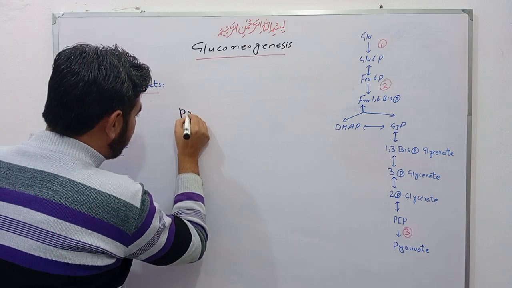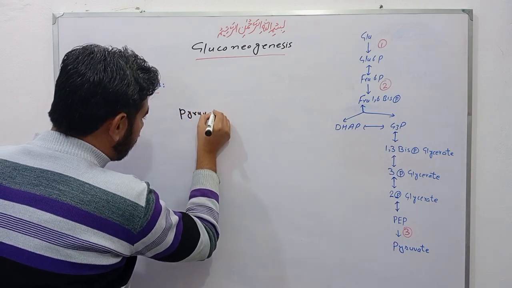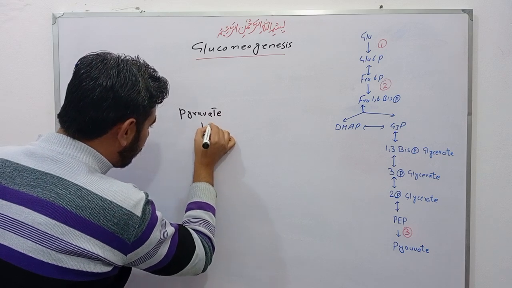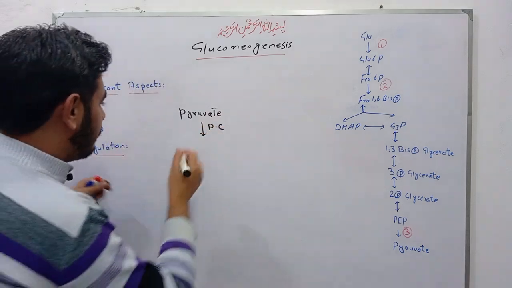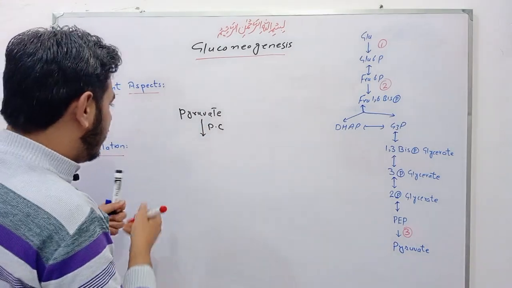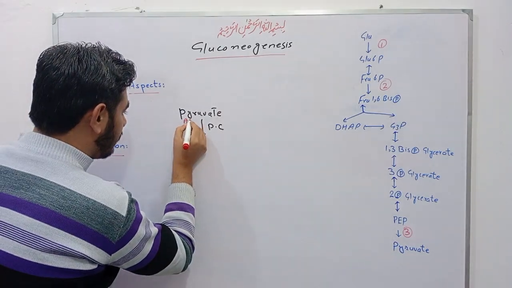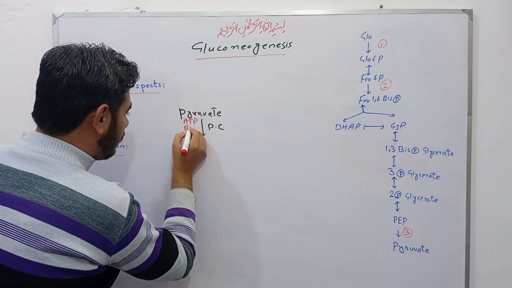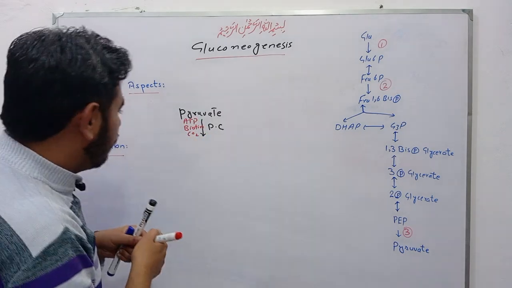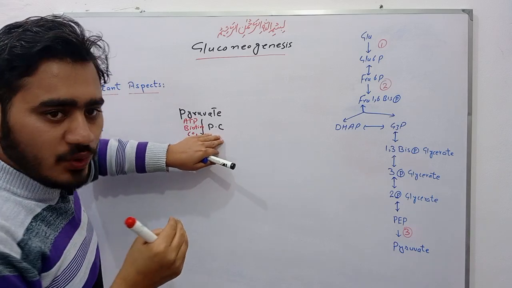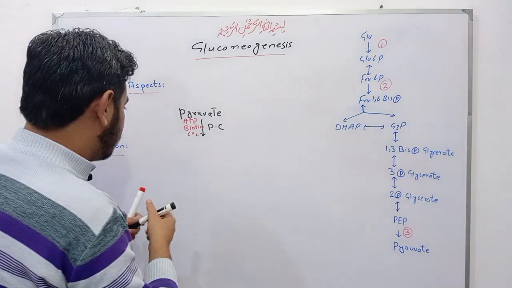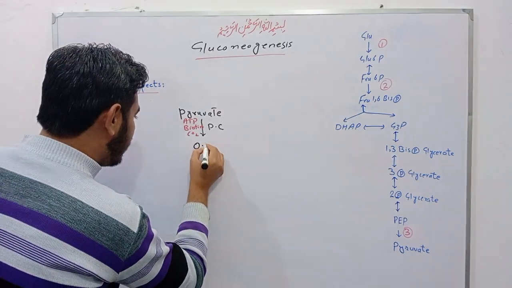This pyruvate, with the help of pyruvate carboxylase enzyme, requires ATP, biotin, and carbon dioxide. With the help of pyruvate carboxylase enzyme, this pyruvate converts into oxaloacetic acid.